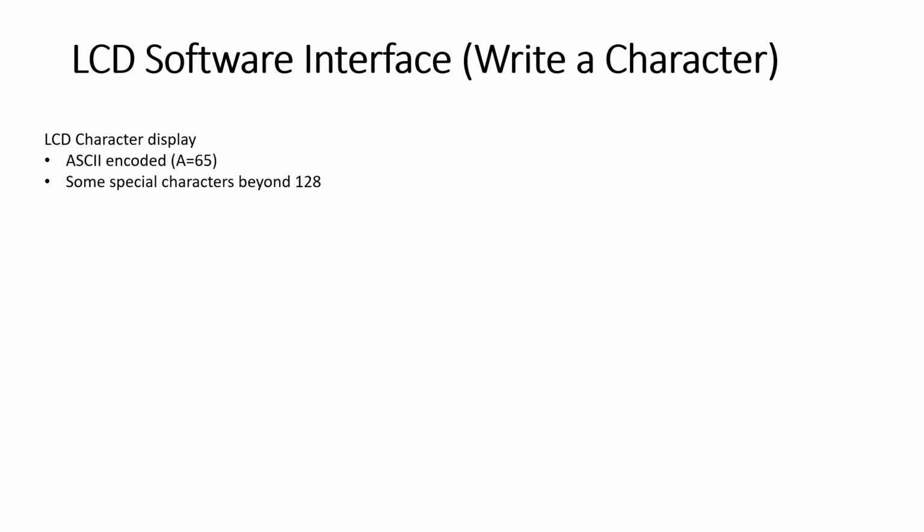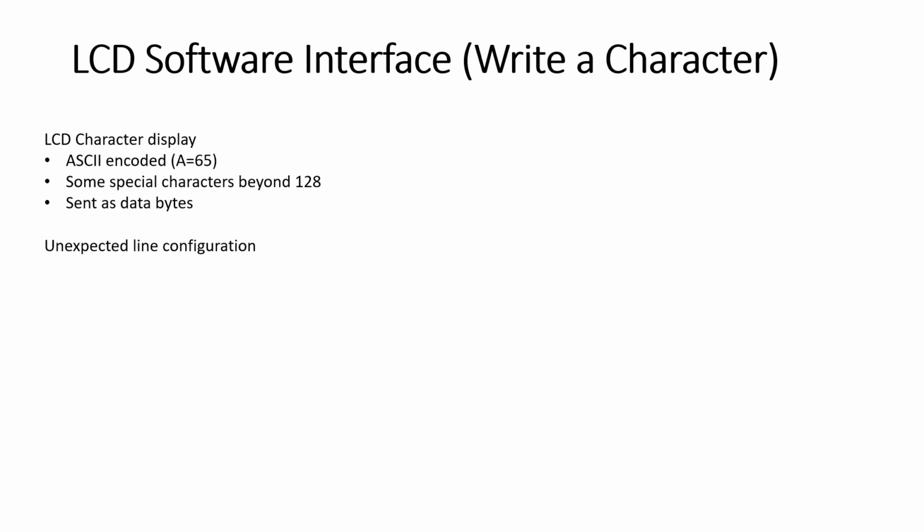There are some more special characters beyond point 128 which look like Asian characters to me, but there are also some European characters and some other graphical characters beyond that point. All the characters that you want to display on the screen have to be sent as simple data bytes.